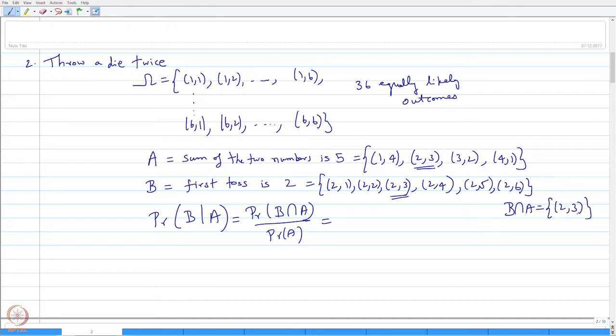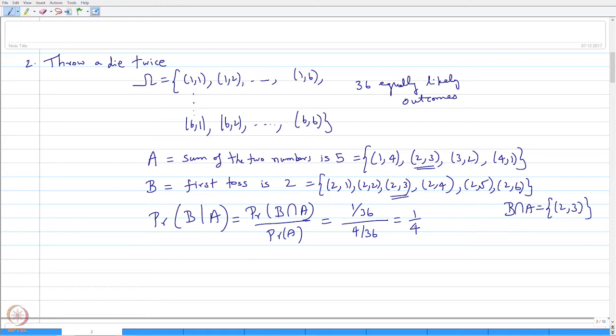So, the probability of B intersect A is 1 by 36, the probability of A is 4 by 36, and 1 by 36 divided by 4 by 36, the answer ends up being 1 by 4.